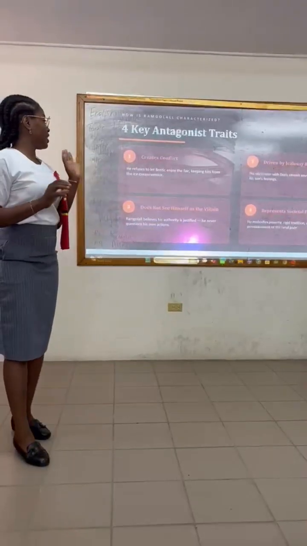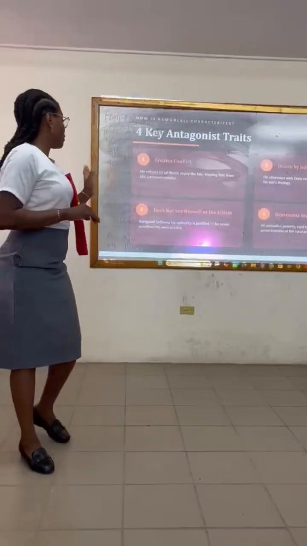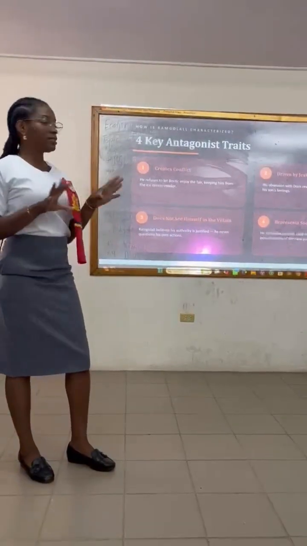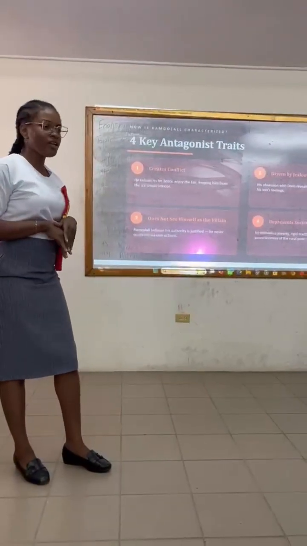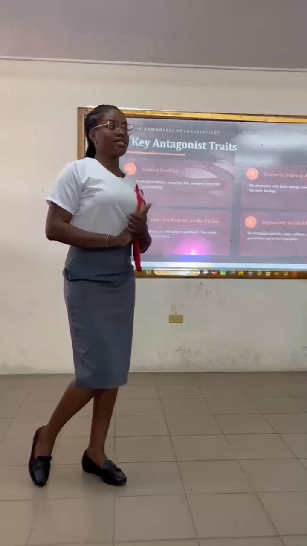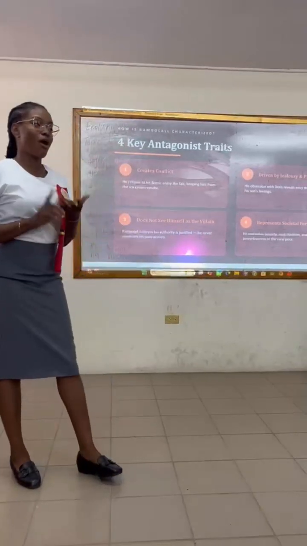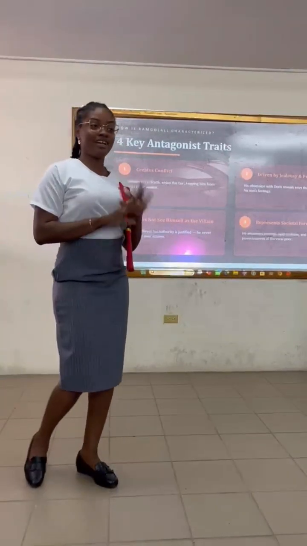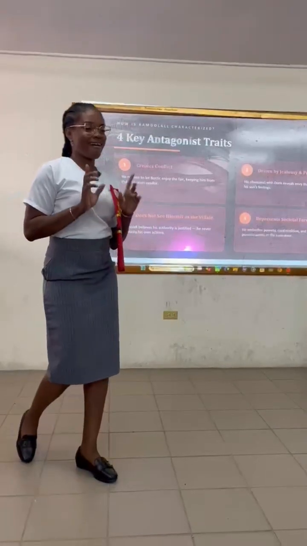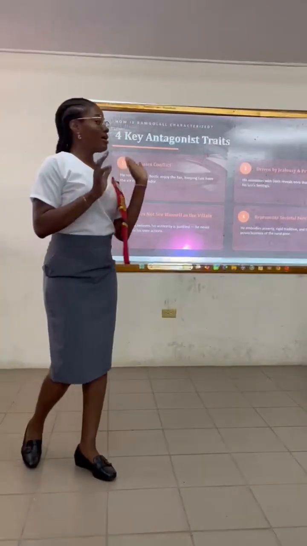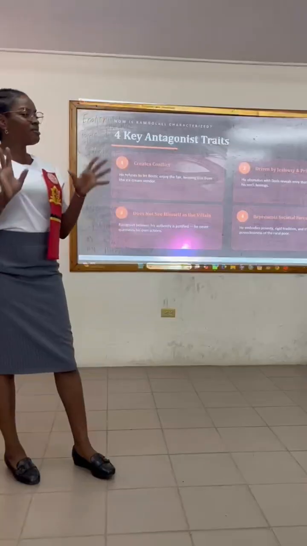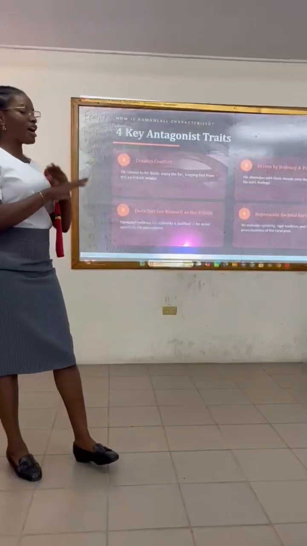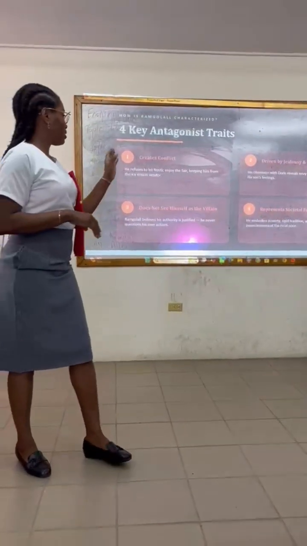He does not see himself as the villain. He believes that his authority is justified. Have you ever heard someone say, I am right, you're wrong, I'm big, you're small, and there's nothing you can do about it? Like Ram Gohal, he believes that his actions are justified.